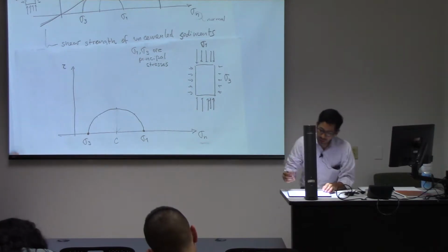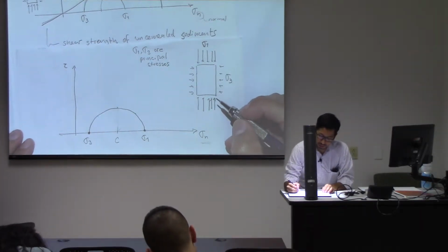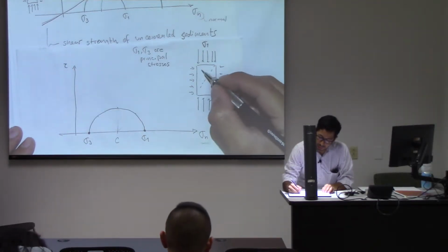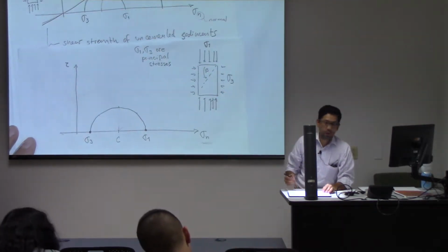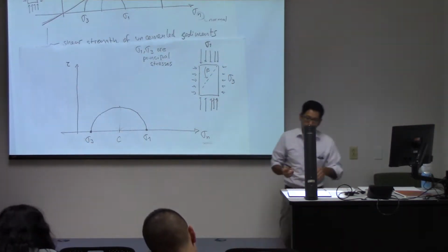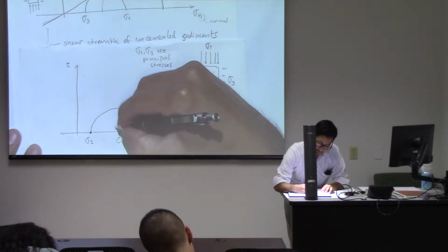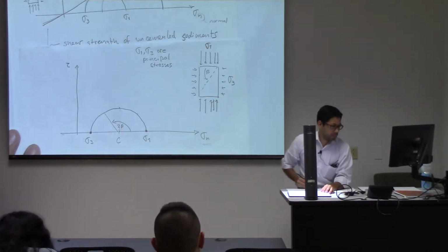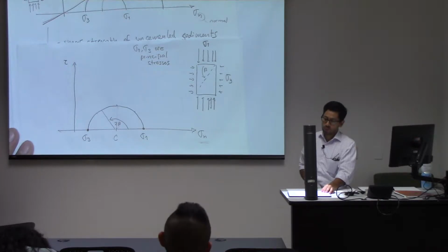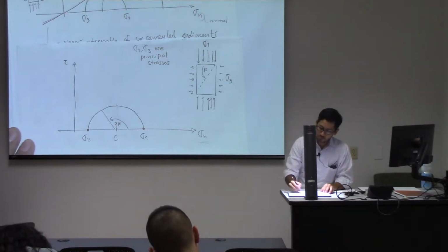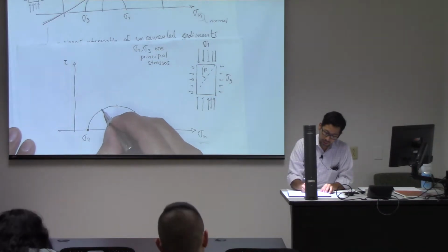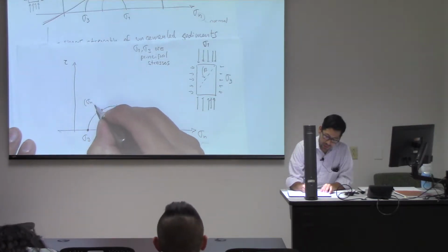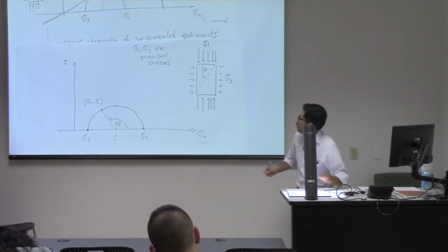So if I wanted to measure what is the stress at, say, an angle beta from this other plane, over here I'm going to have to go 2 times beta. And when I get to that point over there, it is going to tell me what is the normal stress and the shear stress on that plane.